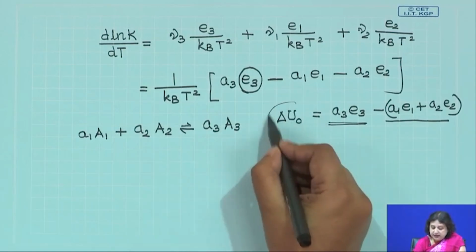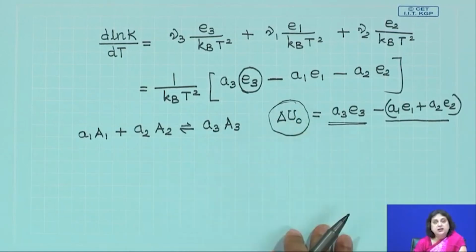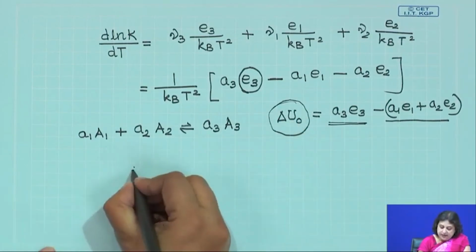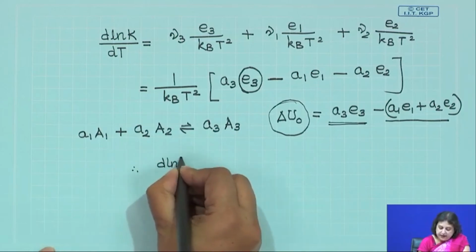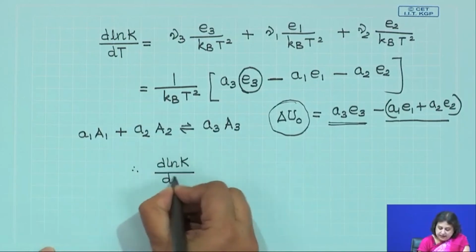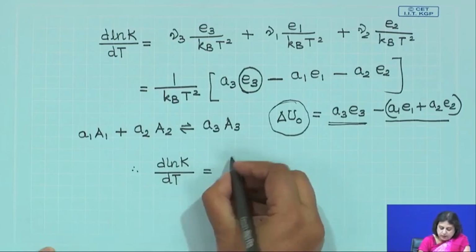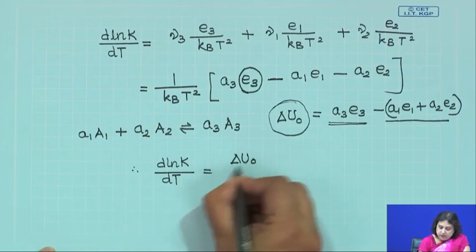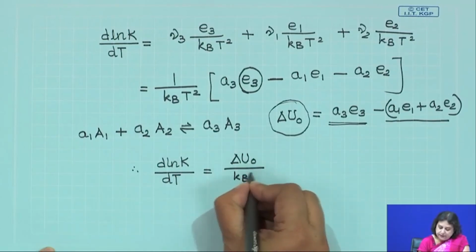So, this is nothing but the change in internal energy because of the reaction, and therefore I can very easily write that d ln K/dT is equal to delta U naught by k_B T squared.